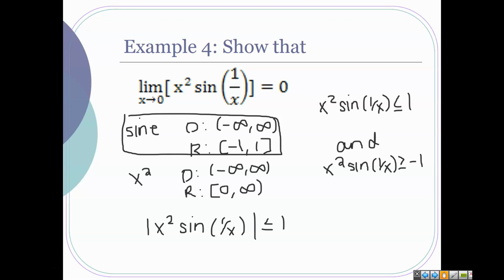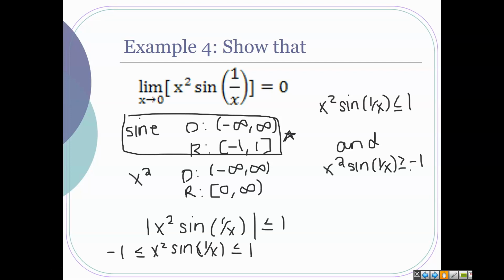That's what the absolute value inequality told us. So if the function has to be less than or equal to 1 and greater than or equal to negative 1, it's fair to say that x squared sine 1 over x has to live between negative 1 and 1, which was the range of sine. But why do I care?